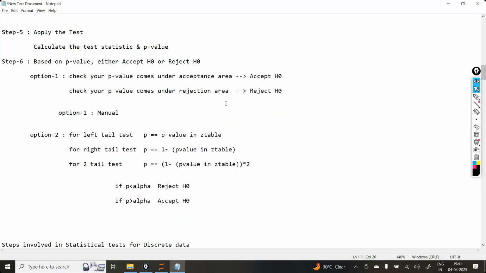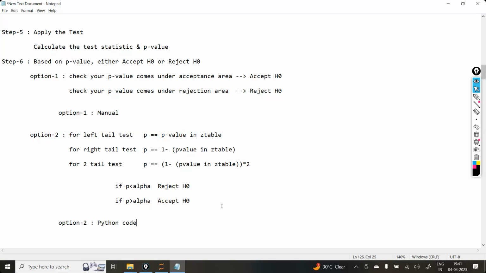When you are applying the steps using Python code, go with option 2. If you are doing the statistical test manually, go with option 1. If you are using Python code, go with option 2.